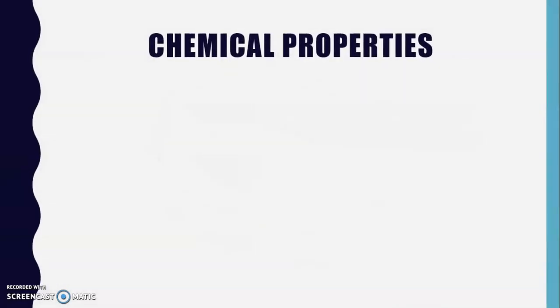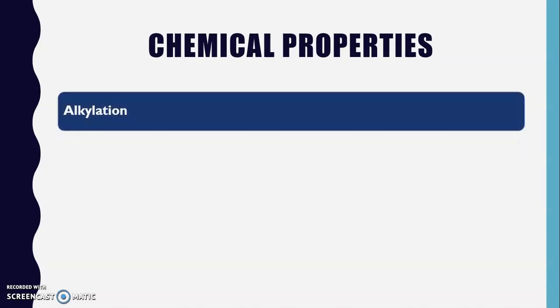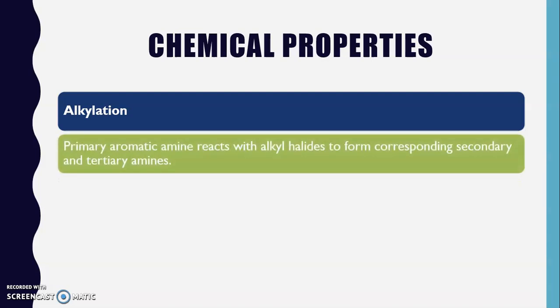Then the next chemical property that we are going to discuss is alkylation. Alkylation is nothing but the addition of an alkyl group, that we know. So, primary aromatic amines react with alkyl halides. Alkyl halides are used to carry out the alkylation reaction.